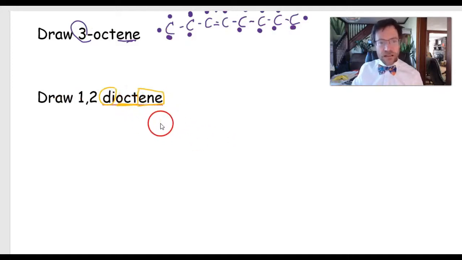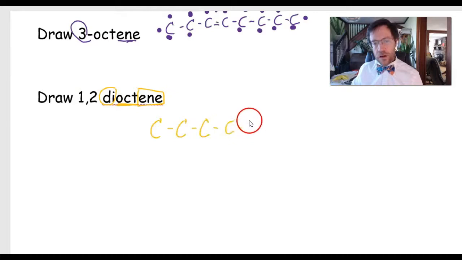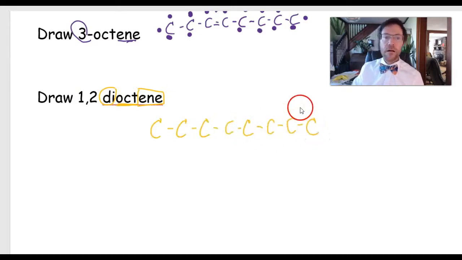So, oct is 8. 1, 2, 3, 4, 5, 6, 7, 8. But it's got some double bonds up in here. How many double bonds does it have? Di, so there's 2 double bonds. Where could they be?